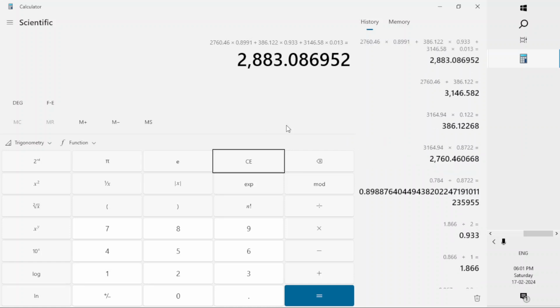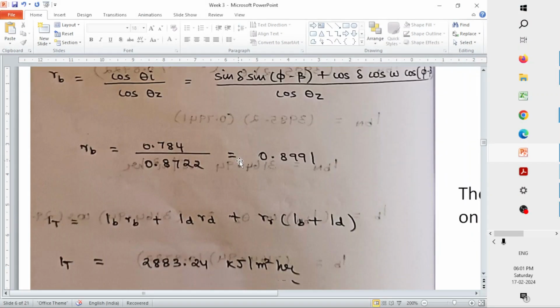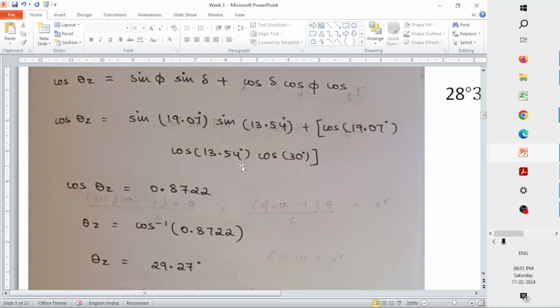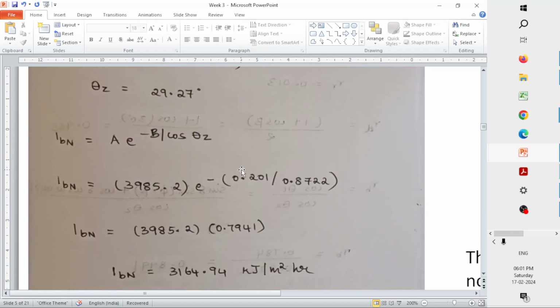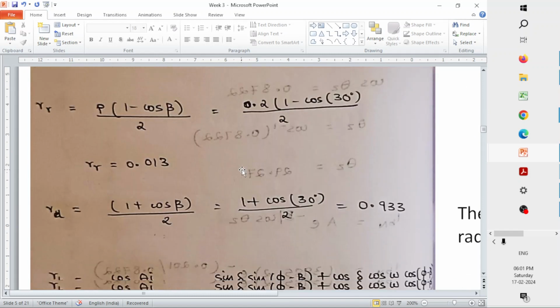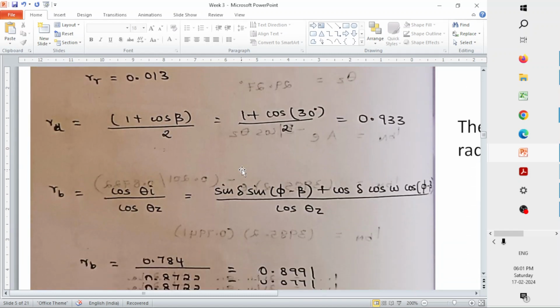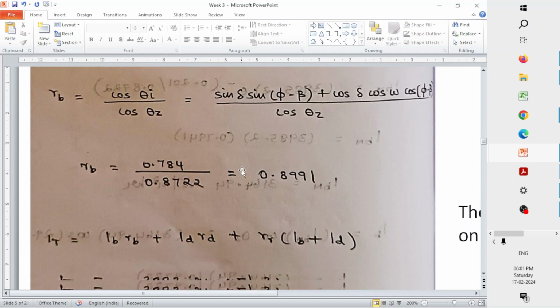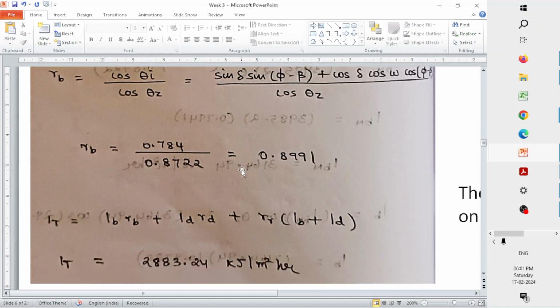So the total IT falling onto the flat plate collector surface is 2883.24 kilojoule per meter square hour.